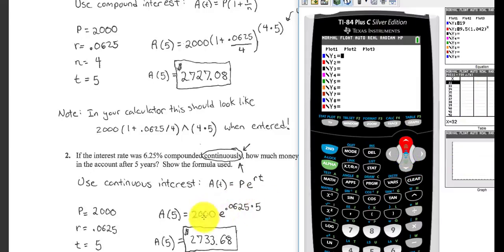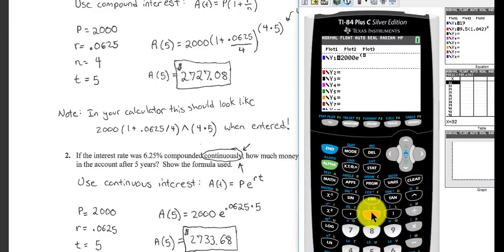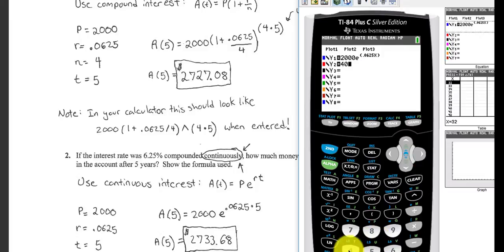And then I put in 2,000 e to the rt, right? And then the rate was 0.0625. I'm not going to put in 5 here because I don't know how many years it takes. So I'll just put in x, okay?